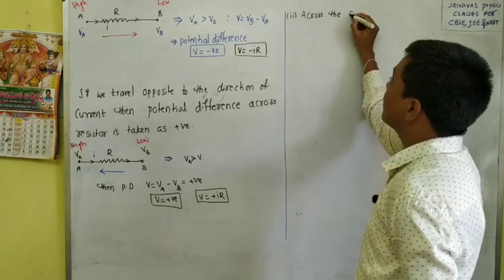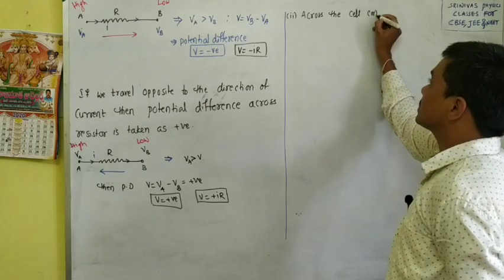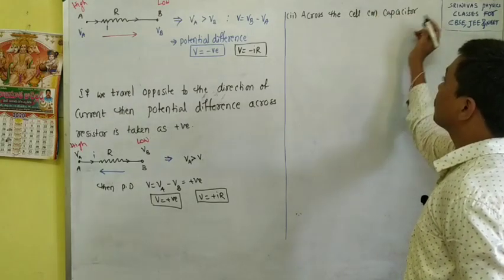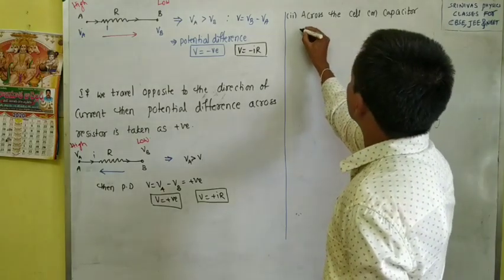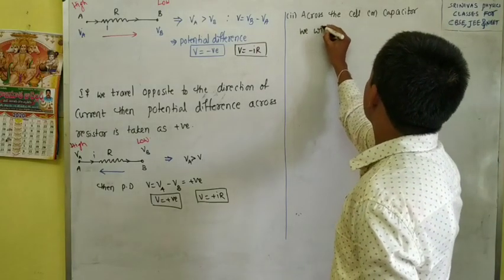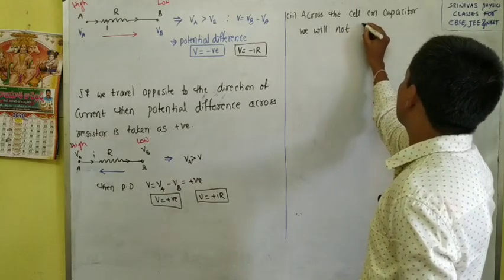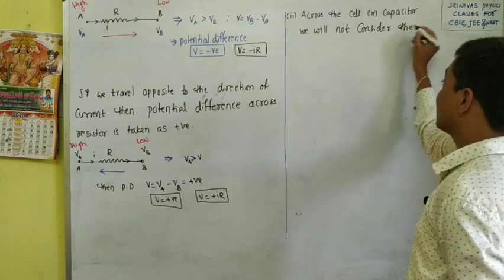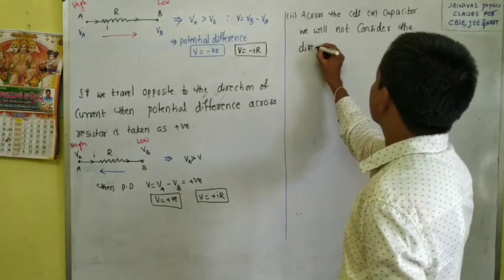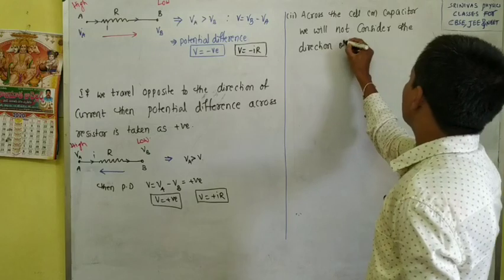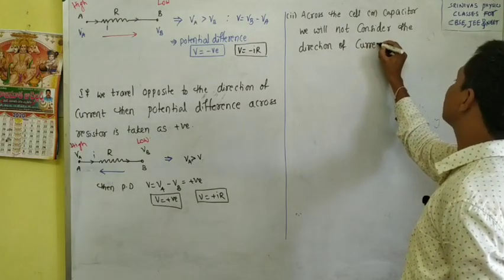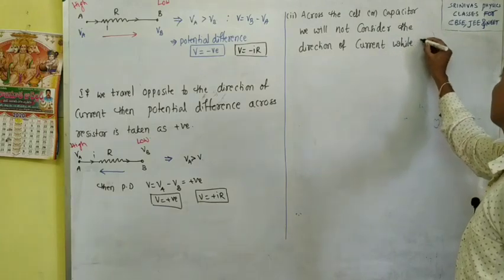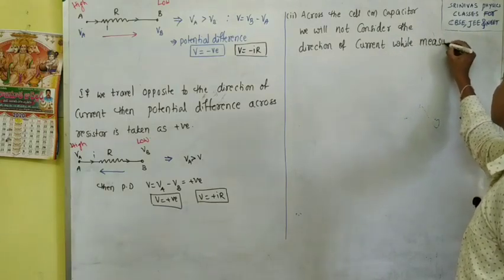Across the cell or capacitor, we will not consider the direction of current while measuring potential difference.